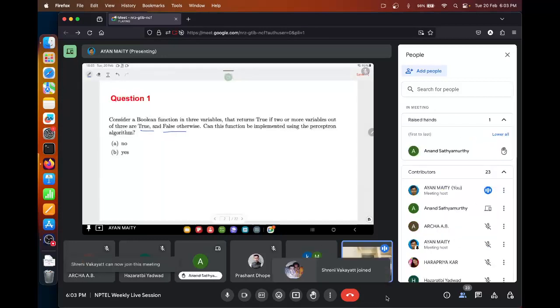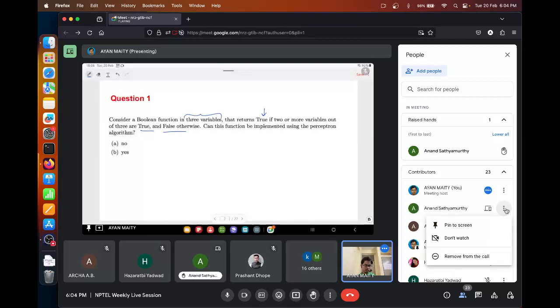So there are 3 variables in this function, and the output is true if 2 or more variables are true, and output is false if 2 or more variables are not true, that is false. So can this function be implemented using perceptron learning algorithm? You can write your answers in the chat.